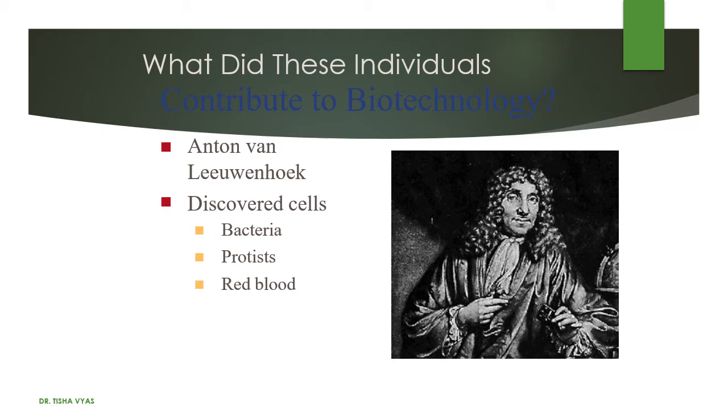He used single-lens microscopes of his own design and was able to experiment with microbes, which he referred to as animalcules, which means small animals. Through his experiments, he was the first to relatively determine their size.